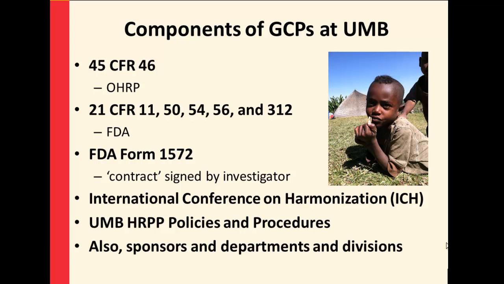All of those different parts, 11, 50, 54, 56, and 312, talk about the FDA, they talk about IRBs, and they overlap quite a bit with 45 CFR 46. But some things are slightly different. So if you're doing your study under an investigational new drug application, that might be a drug or a vaccine or some other biologic, then those FDA regs will come into play.